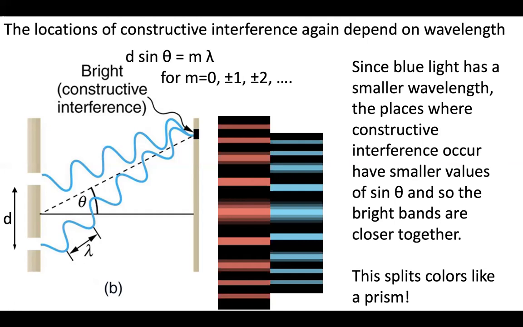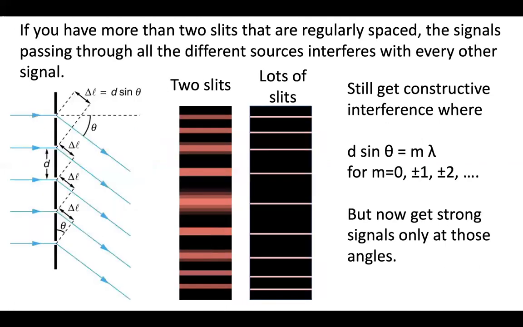And when people want to look at different colors of light nowadays, they use this process. But they don't use two slits, they use lots of slits. You take a surface and cut a bunch of gaps into it, regularly spaced by some distance d.